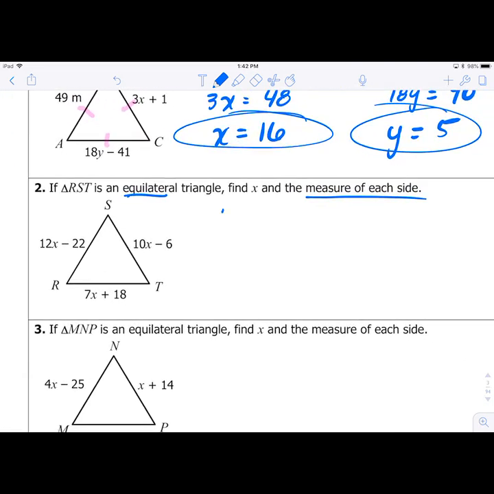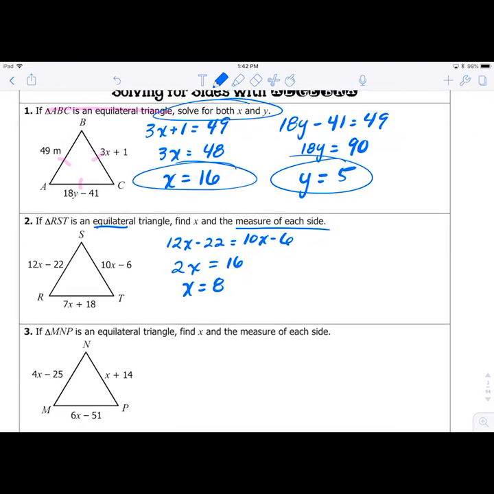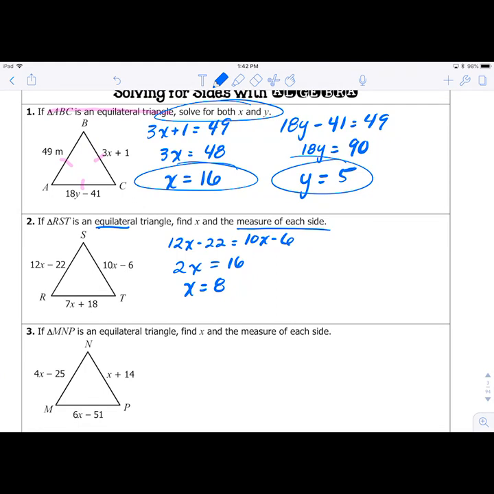So I'm just going to set 12x minus 22 equal to 10x minus 6. Subtract 10x from both sides, you get 2x. Add 22 to negative 6, you get 16. Boom, x equals 8. Then I could just plug this into any of these sides to get the measure of each side.